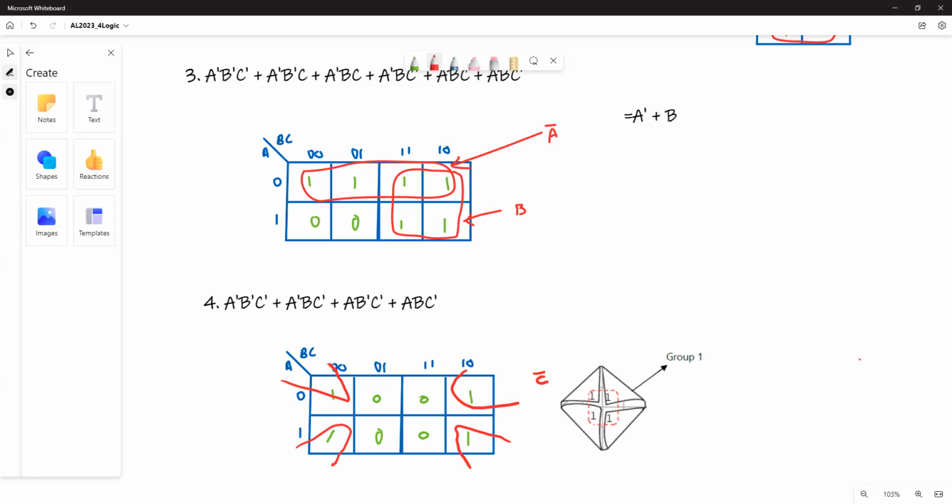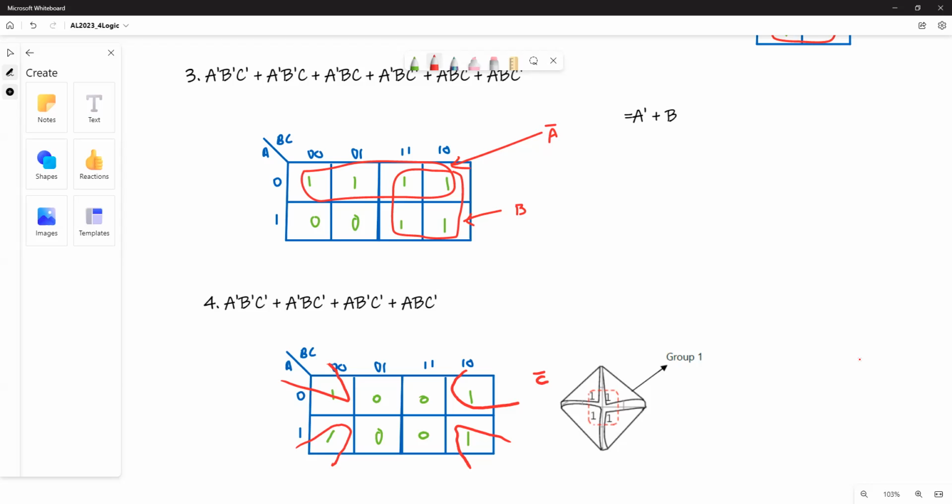And from this side, A is cancelled out, because this side A is cancelled out.